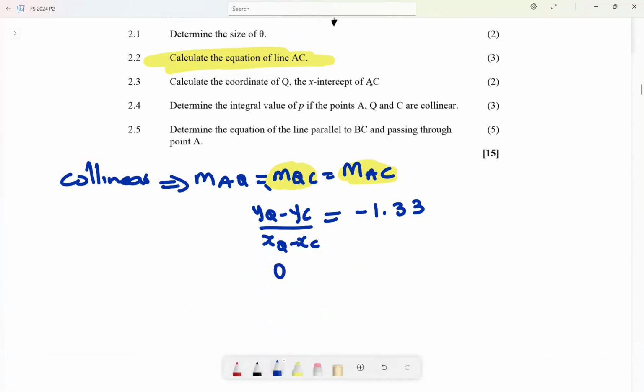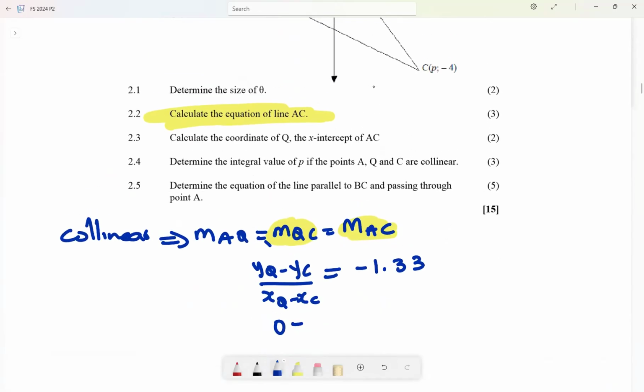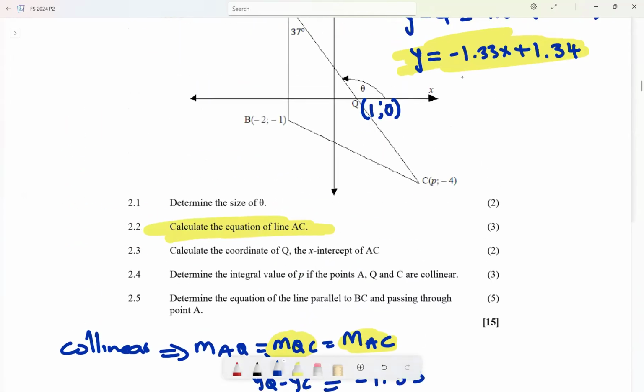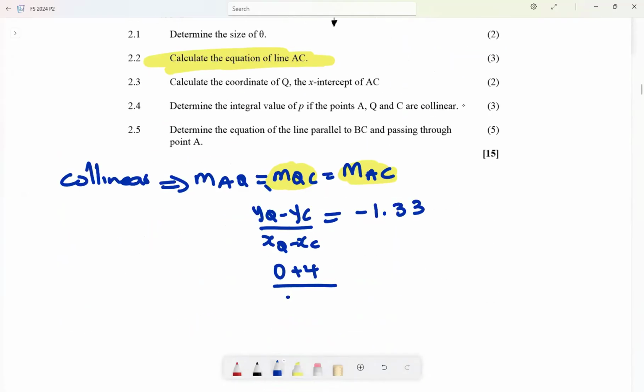Then 0 minus y of C, can you see it is negative 4; minus 4 is the same as plus. Okay, x of Q is 1. So 1 minus p.